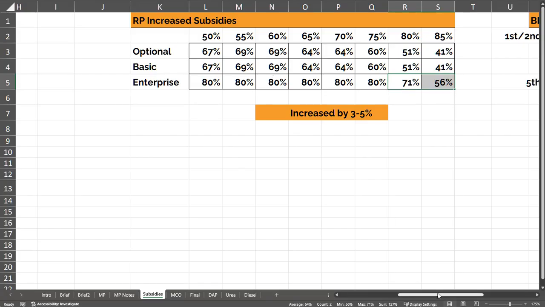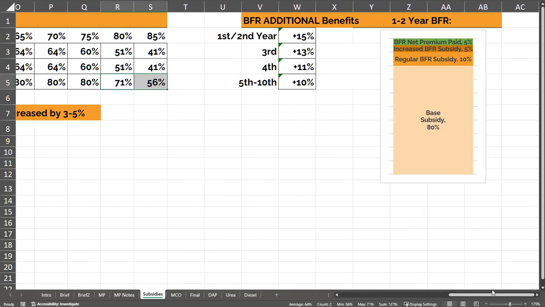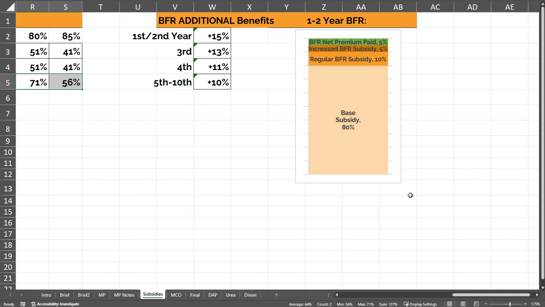And then I did want to mention one thing about beginning farmers. Beginning farmers are going to get even more subsidy increases than they had before. Before, it was just a 4-year deal, and they gave you an additional 10%. So for example, if you took 80%, 75% enterprise, they were going to give you 80% subsidy to begin with. They'd give you an additional 10 for being a beginning farmer.